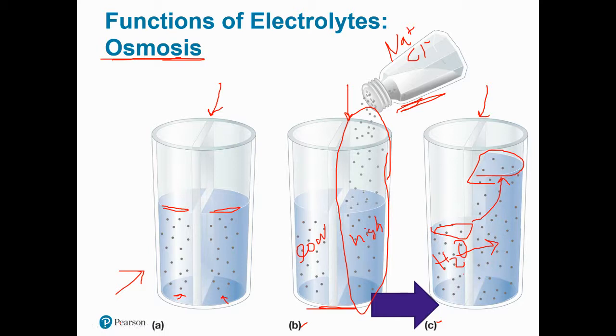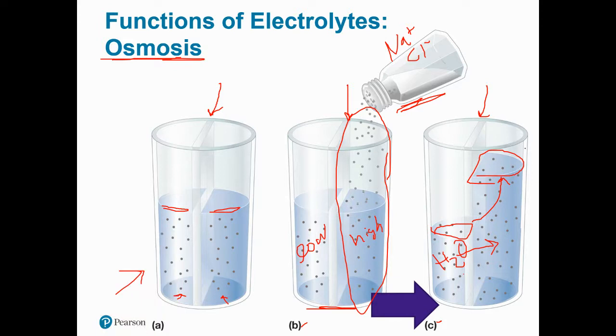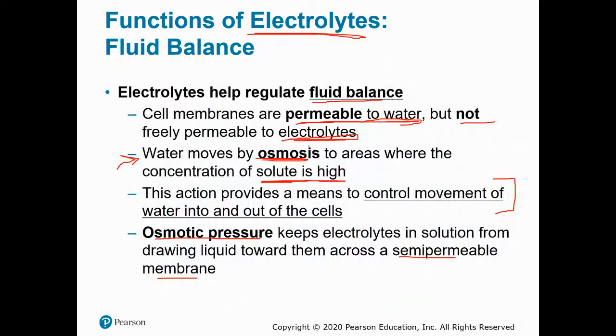This is a semi-permeable membrane, so water can obviously move across it, but the fact that the water will stay higher over here than over here is this concept of osmotic pressure.